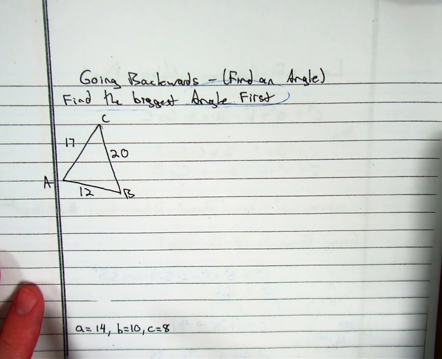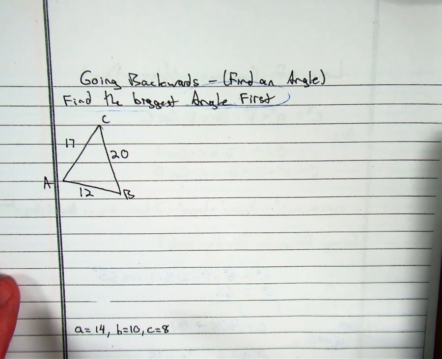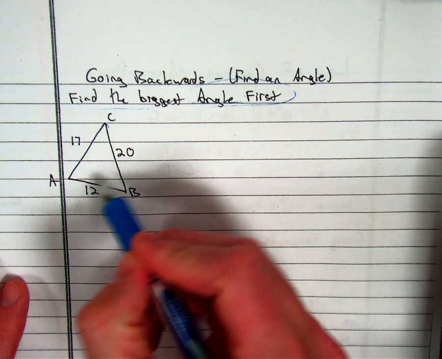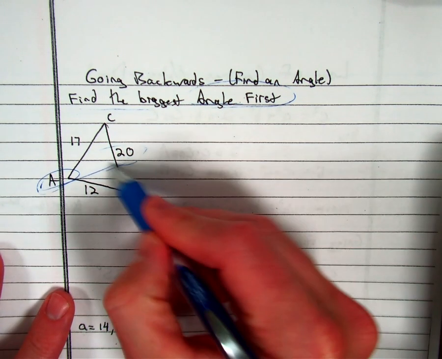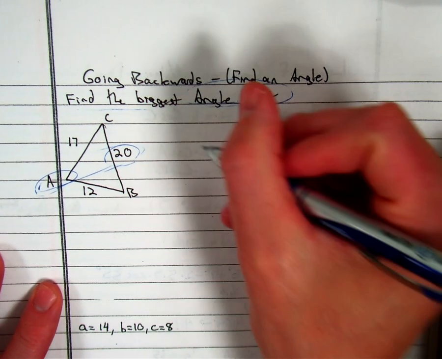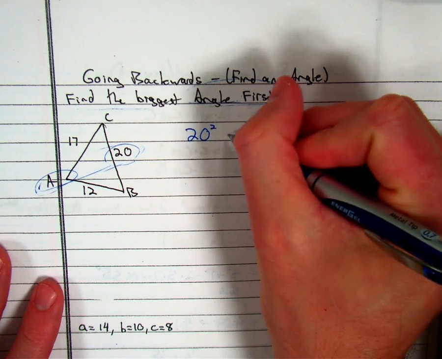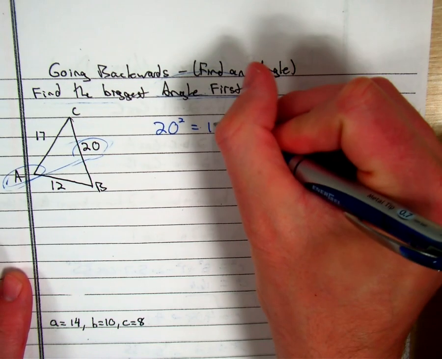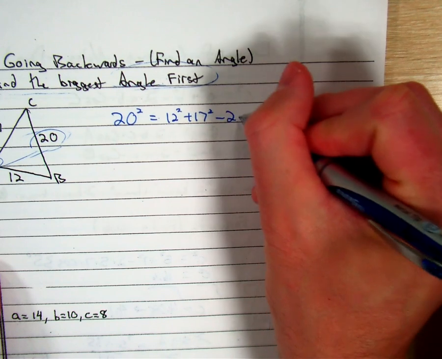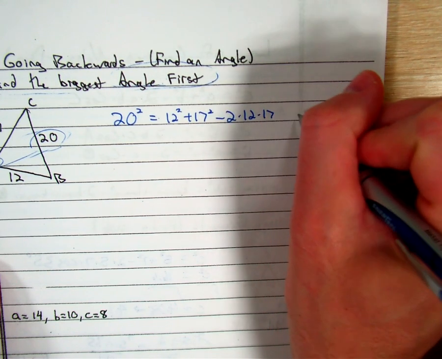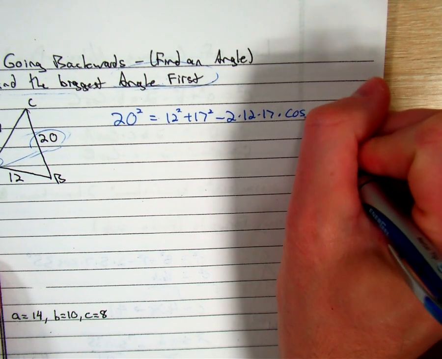Well, how do you know which one's the biggest angle? Think back to geometry. The biggest angle is across from the biggest side. So we want A first, which means 20 is the one that's by itself. 20 squared equals 12 squared plus 17 squared minus 2 times 12 times 17 times the cosine of angle A.